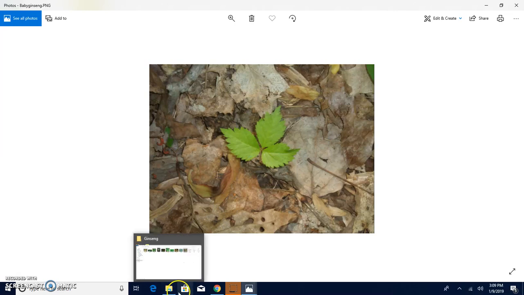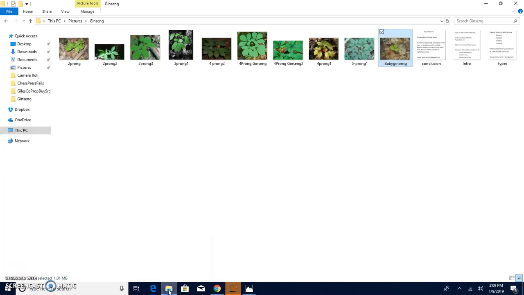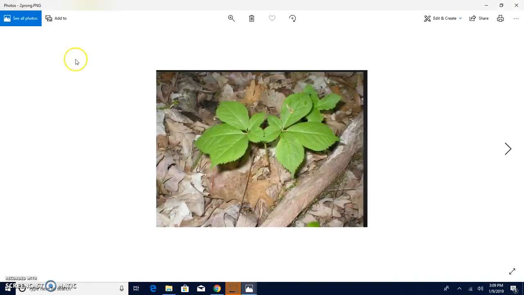Let's take a look at some more, and we'll look at a two-prong plant. Two-prong plants, if it's a legitimate number of prongs, are directly across from each other, 180 degrees apart.